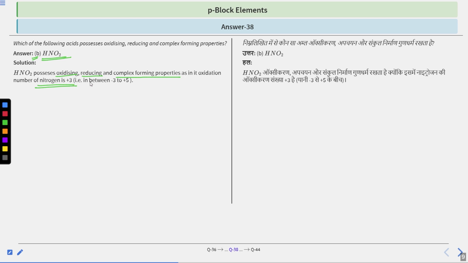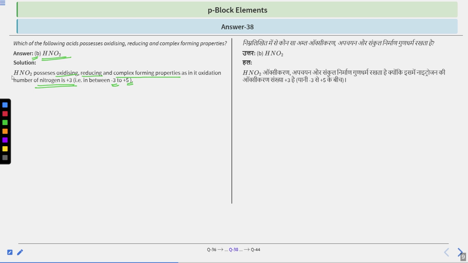And the +3 oxidation state of nitrogen in HNO2 lies in between -3 and +5. It can exhibit oxidation states from -3 to +5, and +3 is in the middle of this range. That means it can gain electrons, so it can act as a reducing agent and also as an oxidizing agent. It can gain electrons, it can lose electrons, and it can also form complexes.